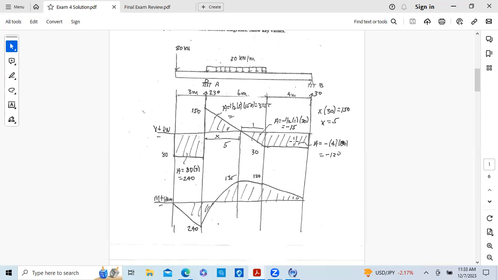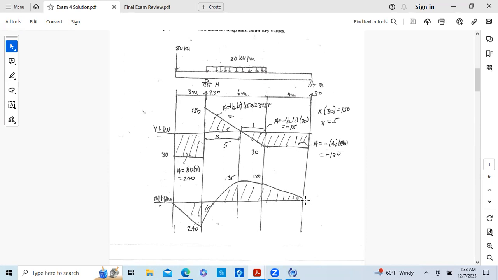Base is 4, height is 30, and it's negative 120. Again, a straight line decreasing for moment. Here we're at 120, this negative 120, straight line down to 0.